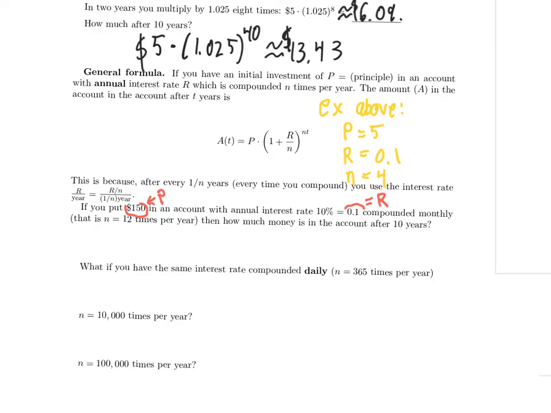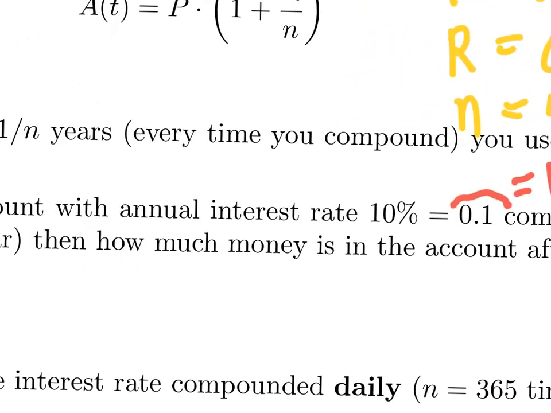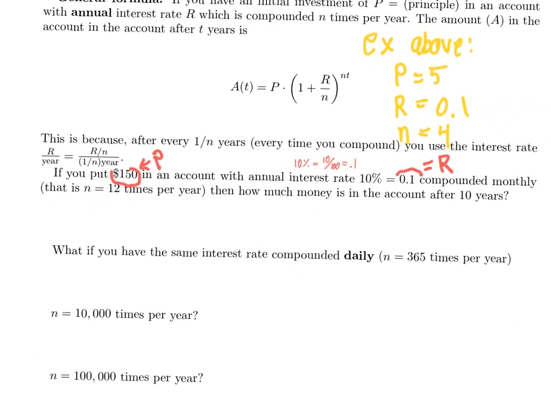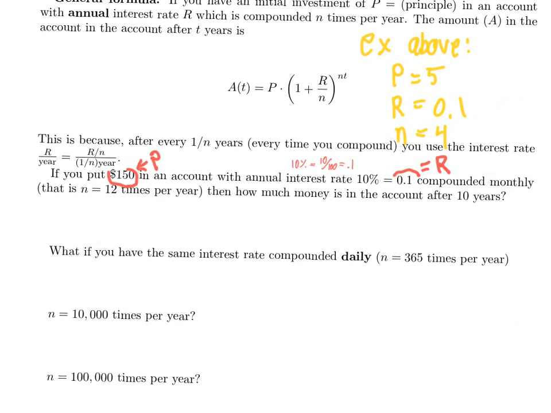Percent means per 100. So this is a tangent. 10% literally means 10 per 100, which is, of course, 0.1, which will be compounded monthly. That is n times per year, so n is equal to 12.